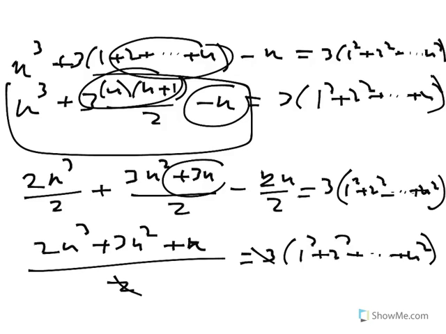Divide both sides by 3, and this becomes a 6. And we're finished now. This is the answer: 2n cubed plus 3n squared plus n over 6.